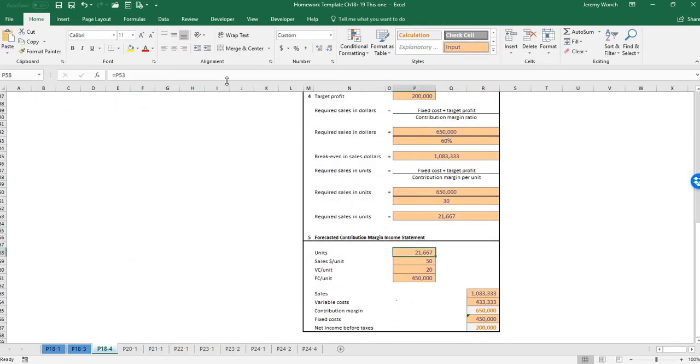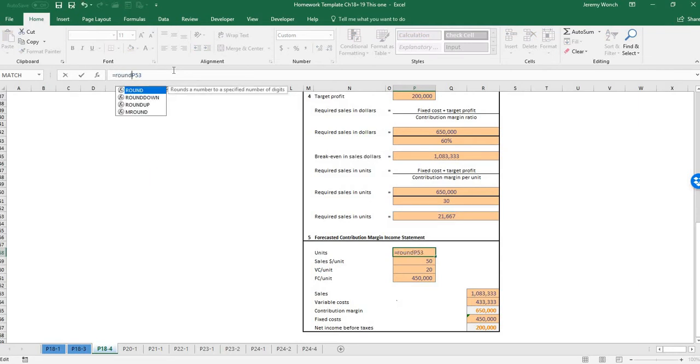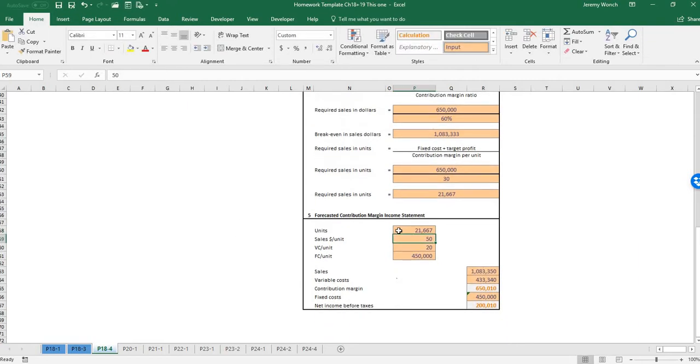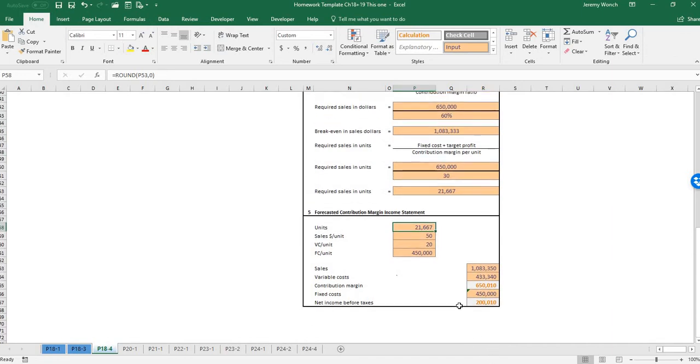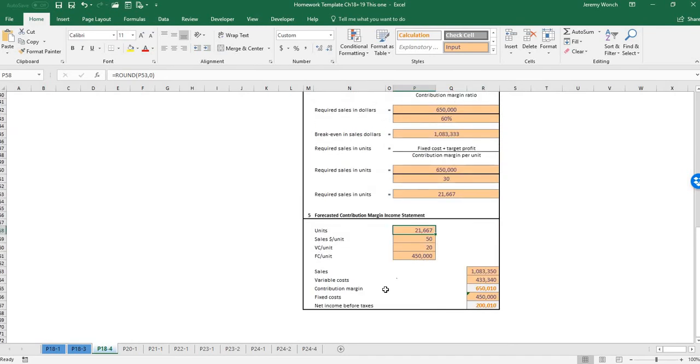If it's giving you trouble, if it's a rounding error, what you can do up here is just put in a round function. And so 0 means no decimals. It looks the same, except now we don't have any decimals. And it actually changes this. It will actually be 200,000 and $10. So whatever Connect wants you to do on that one.